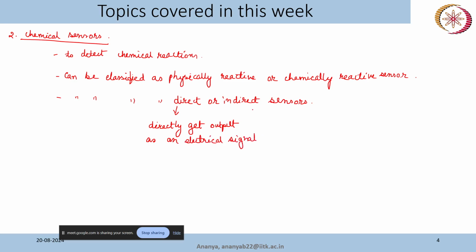And in case of indirect sensor, the sensor output is converted to electrical signal using a transducer, using some external circuit. So it gives electrical signal as output with the help of a transducer.